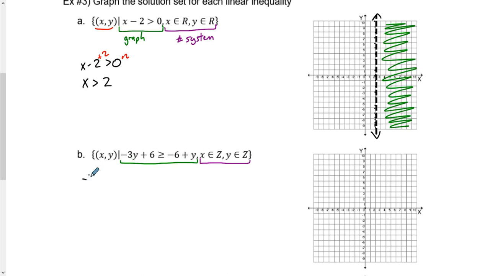So we have negative 3y adding 6 is greater than or equal to negative 6 add y. We're going to have to get our y's to one side and our numbers without y to the other. So I'm going to subtract 6 from both sides, and I'm going to subtract y from both sides.